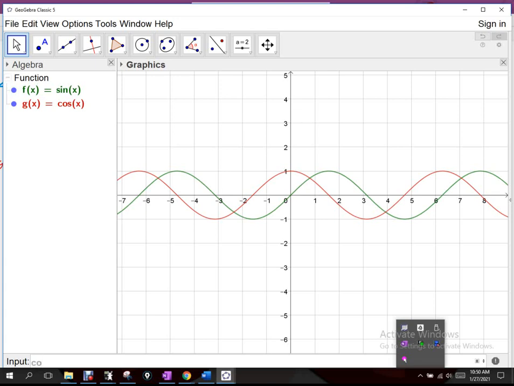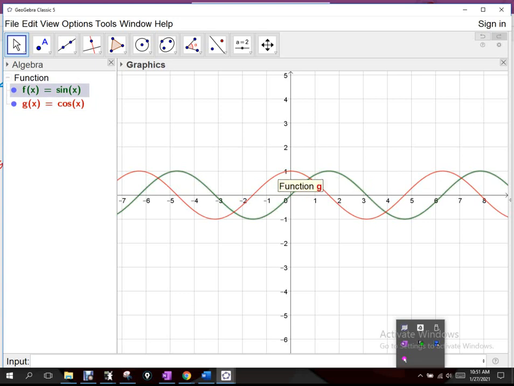Let's take cosine of x. Now, how do cosine and sine relate to each other? They're complements, right? We call them cofunctions. Well, if I go 90 minus x, cosine 90 minus x, actually, let's do it this way. I want this one to become that one.